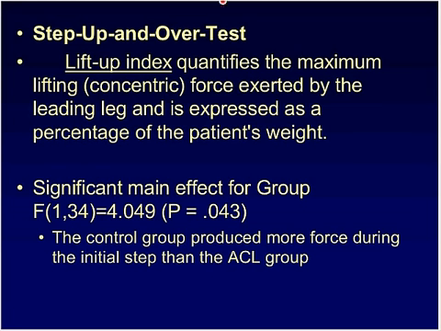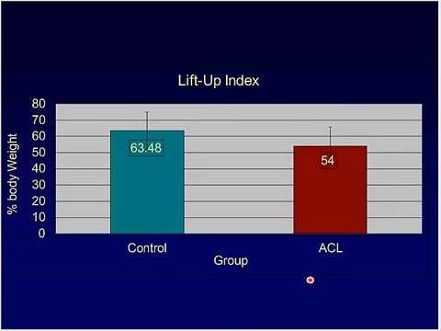And then when we show you some of the patients, I think we have to look at it a little bit differently, because it confused us for a while. We kept taking that definition and saying, well, if it's the amount of force that someone's exerting, and if they're strong concentrically, then that number should be higher, but that's not always the case. So we compared this ACL group to a control group, and we found that during the initial step, that lift-up index was higher for the control group, which makes sense.